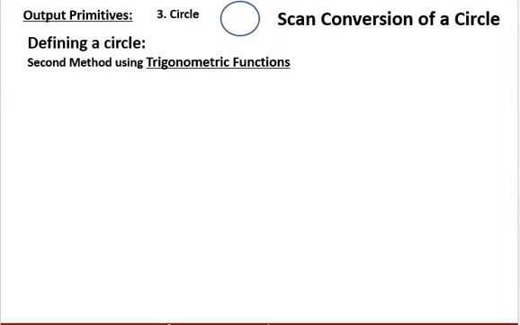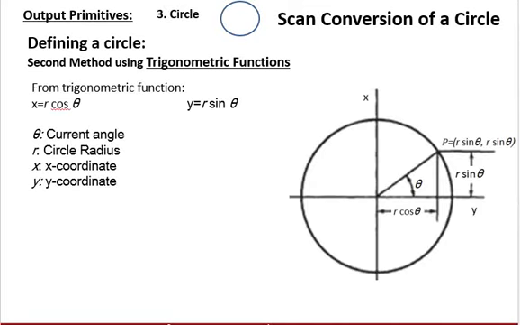Here we have the second method of drawing, which is the trigonometric function. Here x equals r cos theta, y equals r sin theta. For these functions, we have those calculations needed.